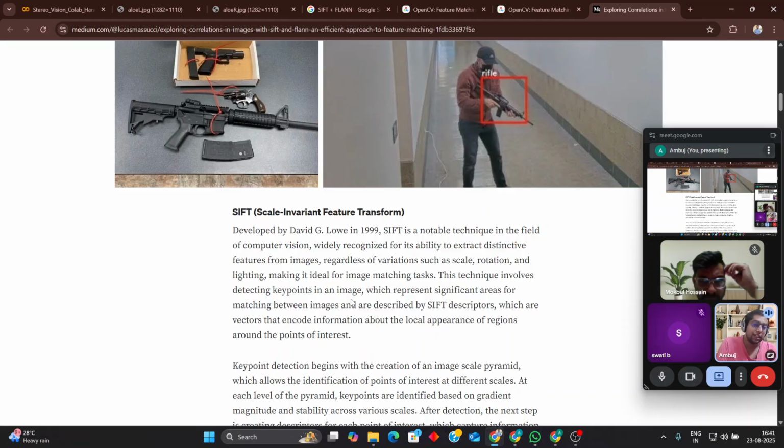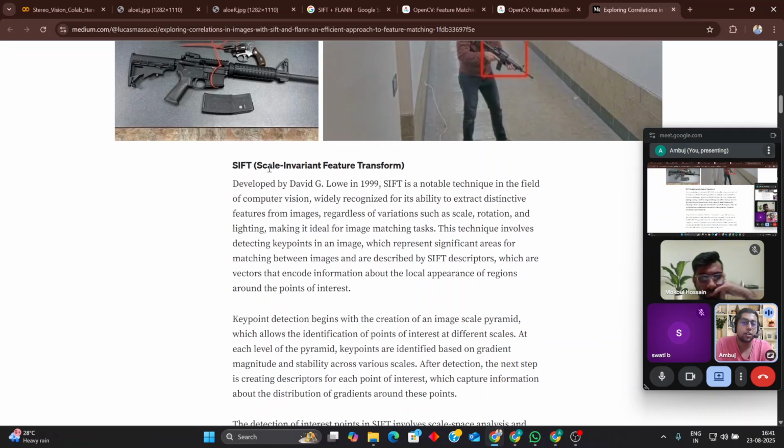But feature extraction is something else, in which you draw some boundaries or perform some analysis, and on the basis of that you extract features. Key point detection is there, as well as other things. They are all based on this Scale Invariant Feature Transform.